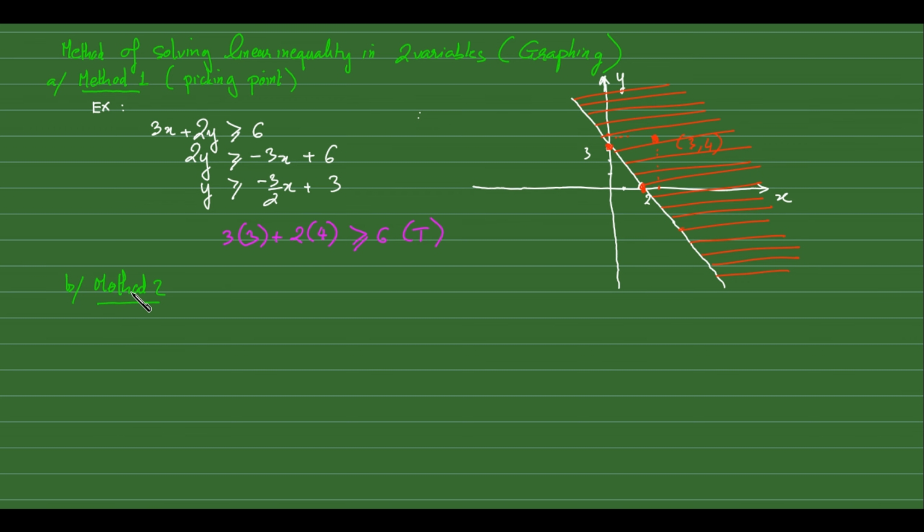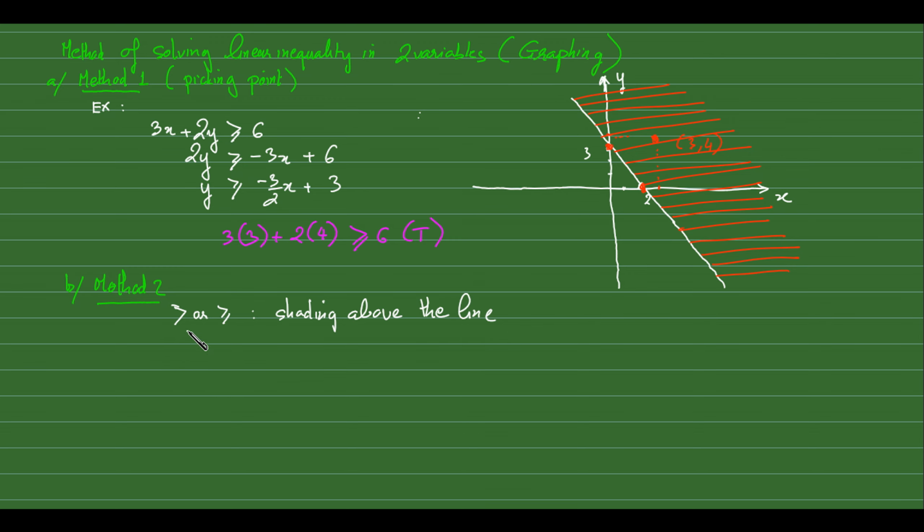On method 2, you just need to look at a graph and apply the fact that if it is greater than or greater than or equal, then you shade above the line.